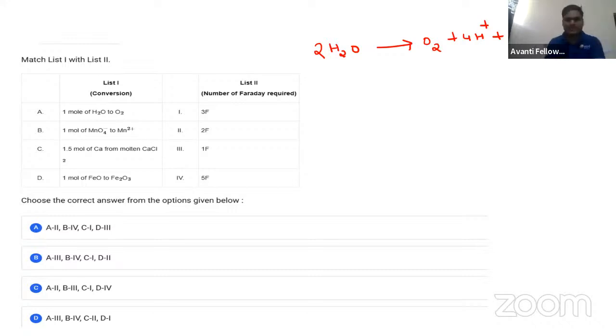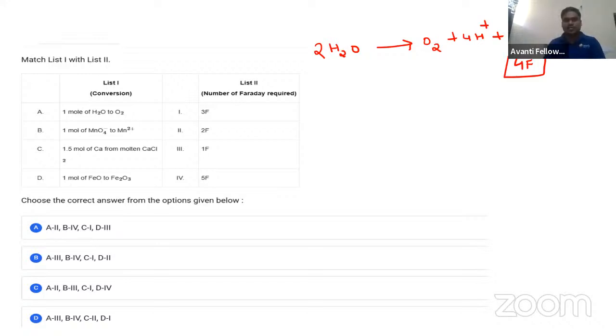So A का कितना हो जाएगा भाई? A का बताओ. So basically each mole of O2, ध्यान से समझना, each mole of O2 requires the transfer of 4 moles of electrons. So each mole of O2 को कितना electrons का transfer चाहिए? 4 moles of electrons. Therefore, to produce 1 mole of O2, you need 4 Faraday of charge. कितना चार्ज चाहिए होगा? 4 Faraday of charge.